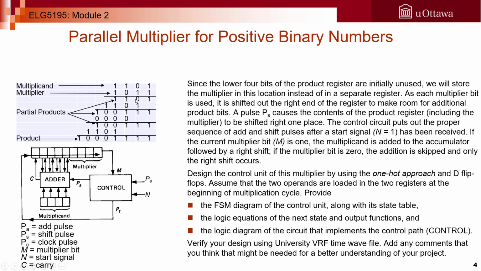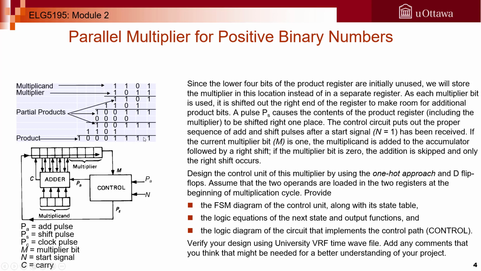Let's look at this example. Here I'm doing the addition, then shifting, addition and shifting. As we can see, when we multiply two 4-bit numbers, we end up with an 8-bit number. That's why I need an 8-bit register.